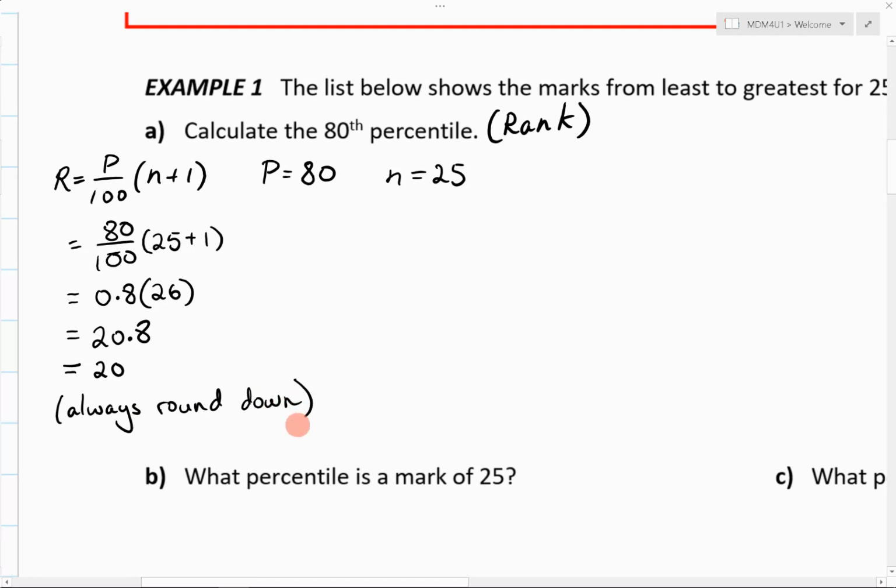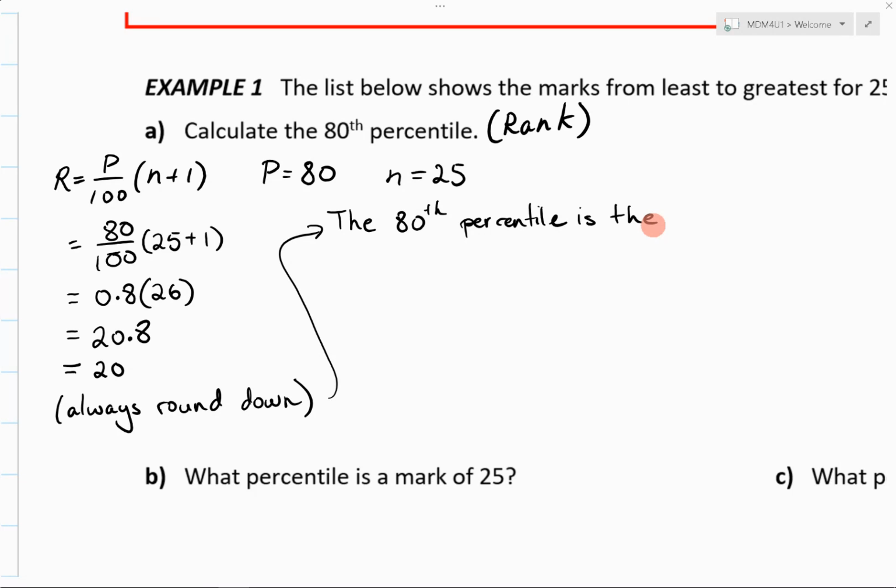Okay, so when we do that, it says to us that the 80th percentile is the average. Okay, so if we had to round down, it means the 20th number isn't exactly the 80th percentile, it might be like 78%, right? So if we want the 80th percent, it's going to be a number between the 20th and the 21st ranked number.